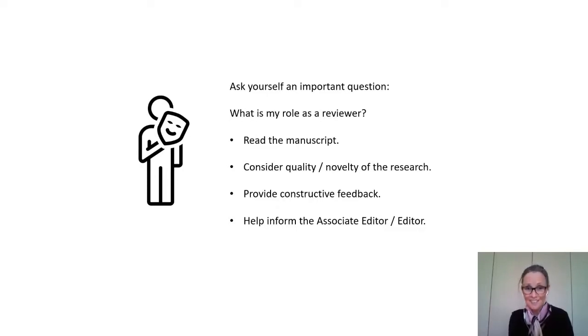At that stage, it is better to write back to the associate editor or whoever was asking you to do the review and honestly say that you are not capable or confident to conduct the review.